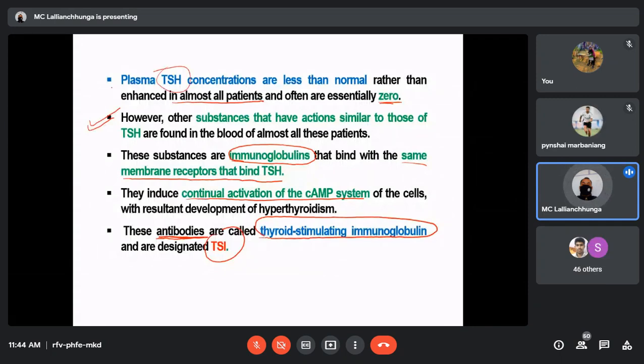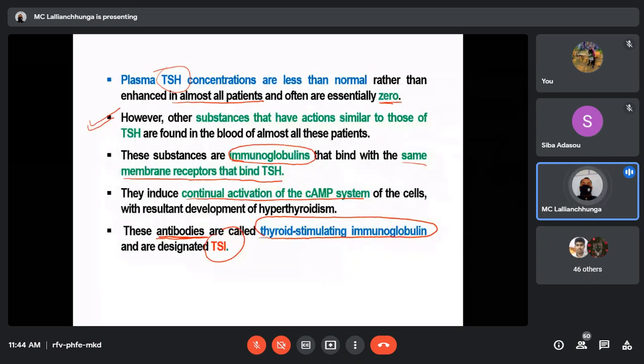So we have TSH, thyroid stimulating hormone, coming from the anterior pituitary gland. In hyperthyroidism, immunoglobulins known as thyroid stimulating immunoglobulin are produced in large amounts. This TSI can bind to the TSH receptor.